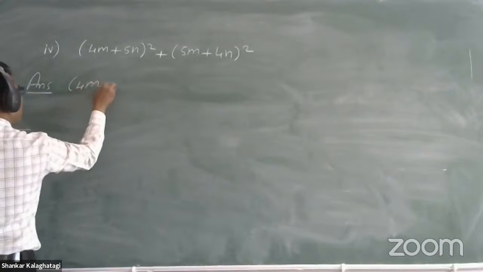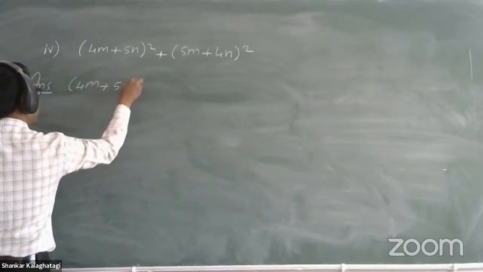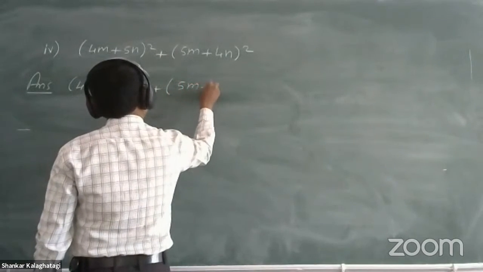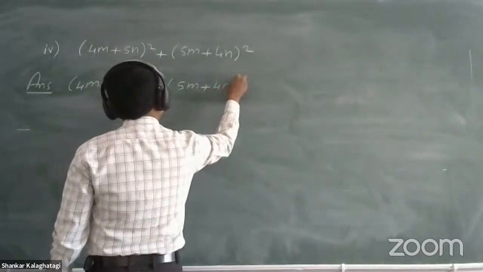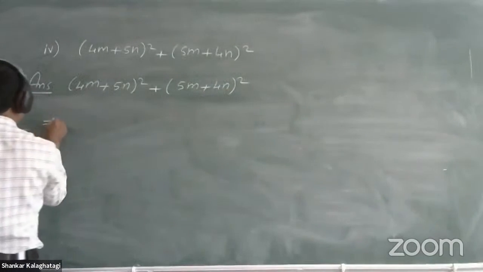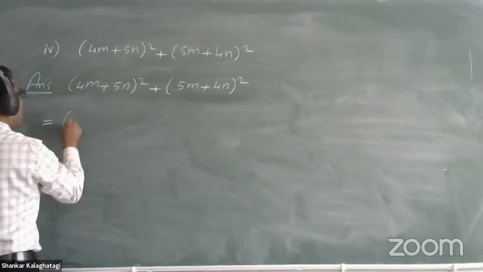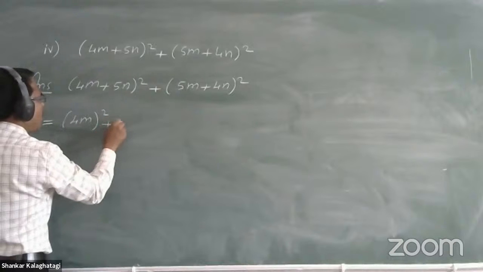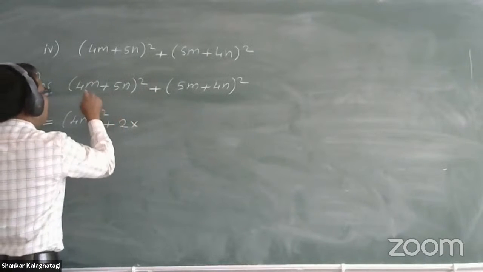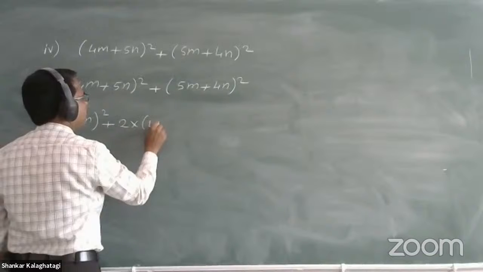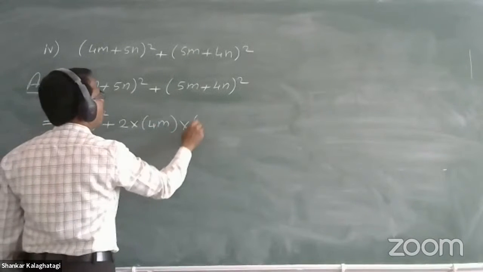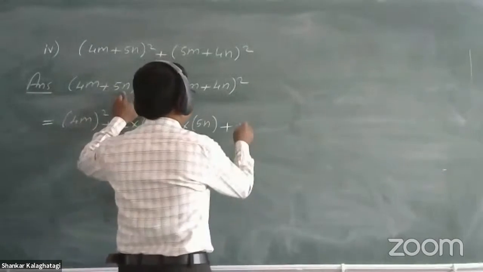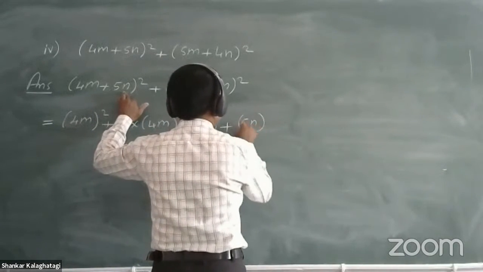(4m + 5n)² + (5m + 4n)² equals first term square (4m)² plus 2 times first term 4m, second term 5n, plus second term square (5n)².